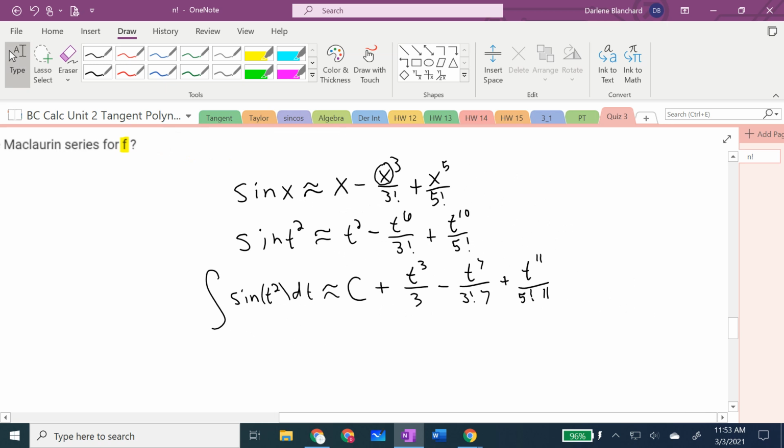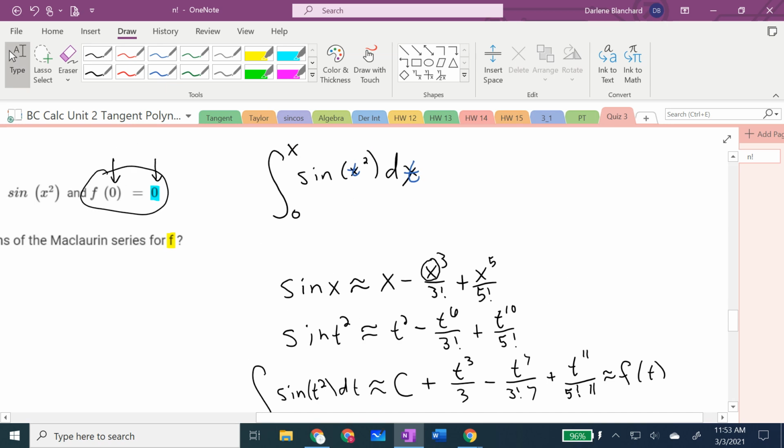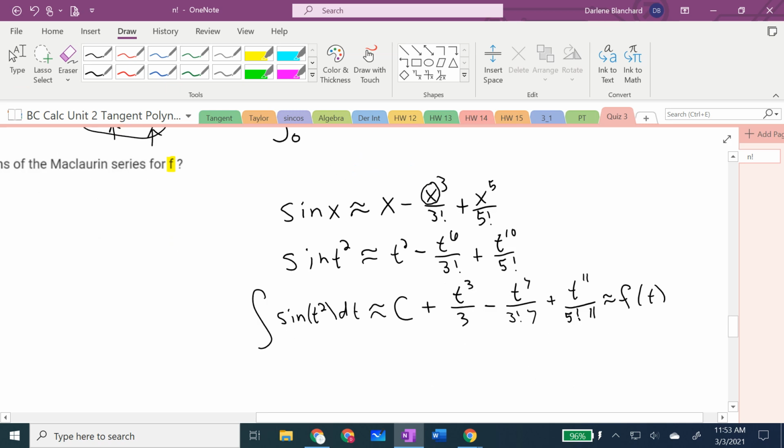And then if I look at this as a function, then I need to plug in the known: when the t is 0, the f of t is 0.